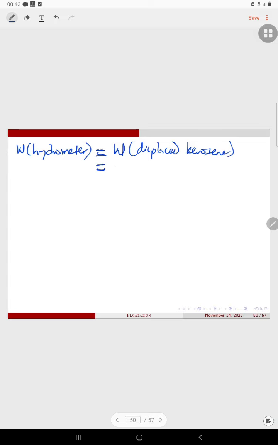So if I get the weight of the hydrometer, that will be the same as the weight of the displaced kerosene. So we are answering the I. So this is mass of the hydrometer times G. And this gives us 10.85 according to the question times 10, and this gives us 108.5 newtons.